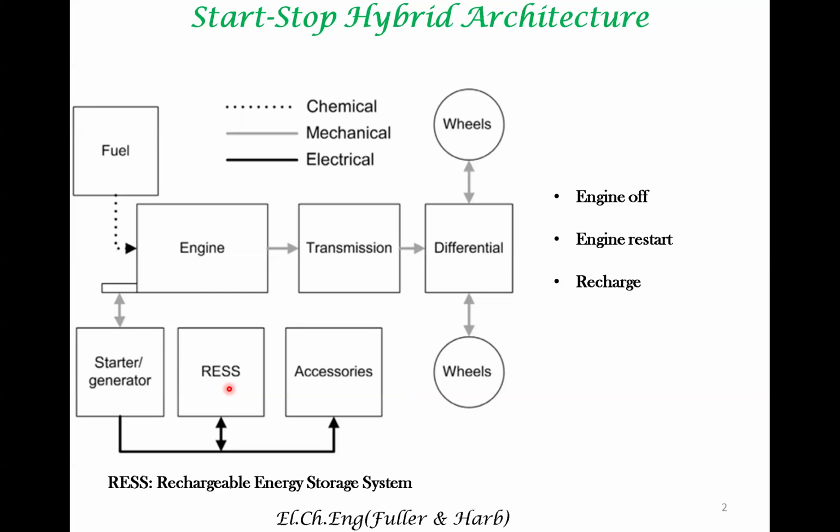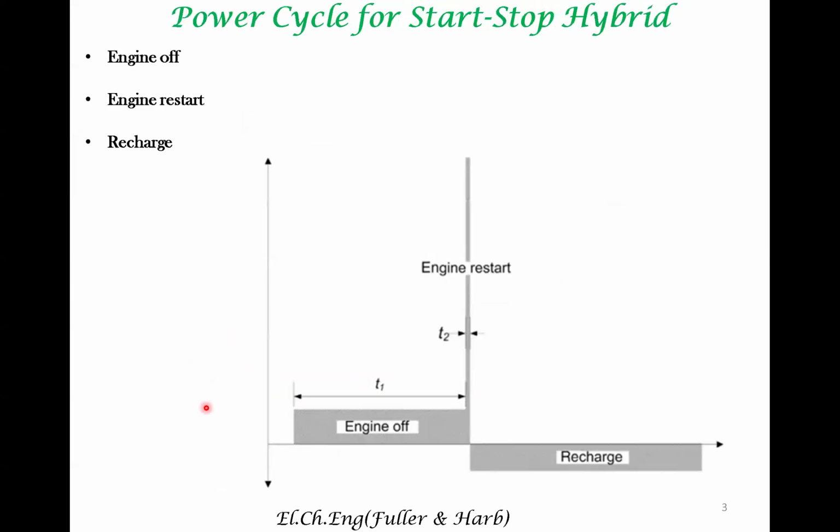In addition to that, we have additional loads, let's say running the air conditioner and so on. So there's only marginal difference between a start-stop hybrid architecture and the traditional car. The sizing can be different.